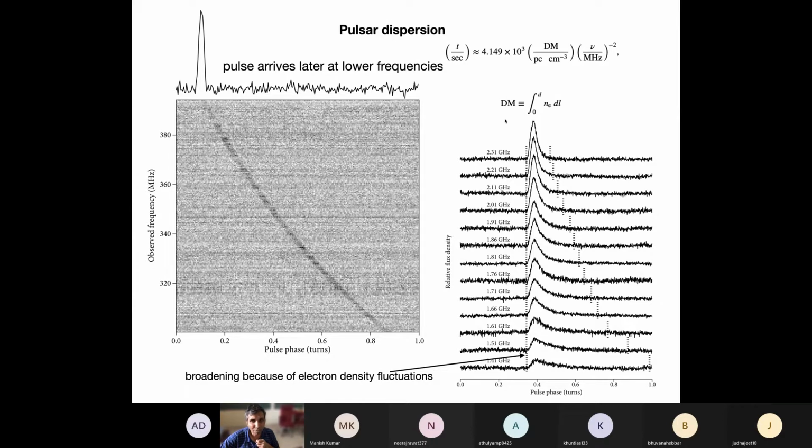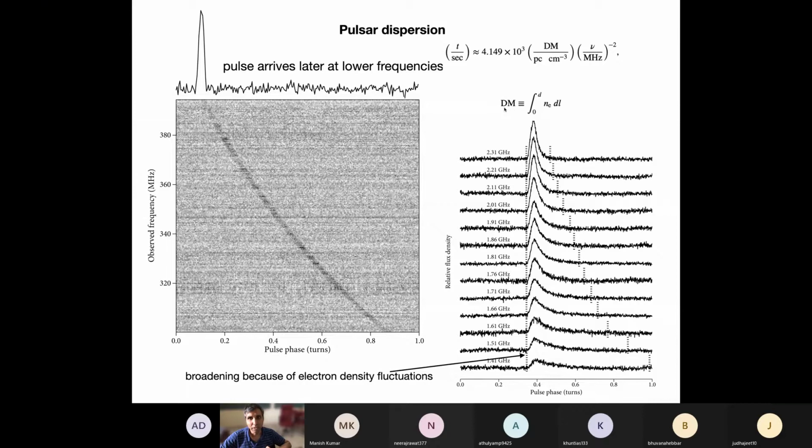We have this 1 minus omega p squared by omega squared term in the dielectric constant, right? And that gives rise to something called the dispersion measure, which is nothing but the integral of electron number density along the line of sight.